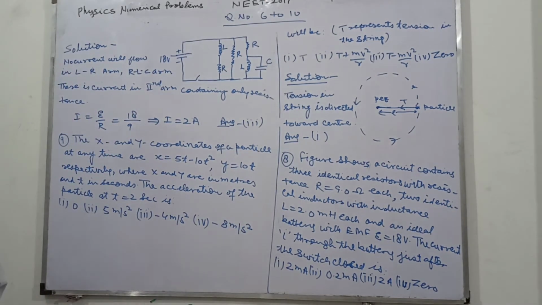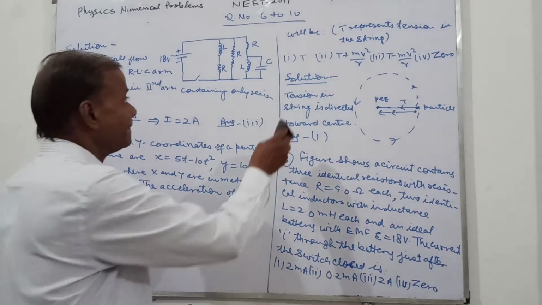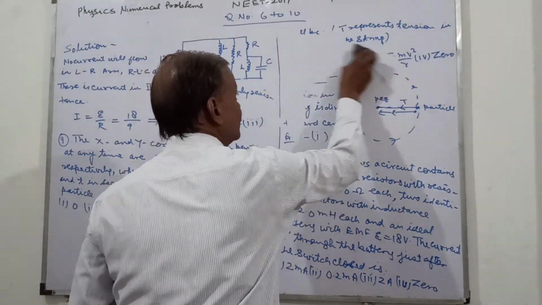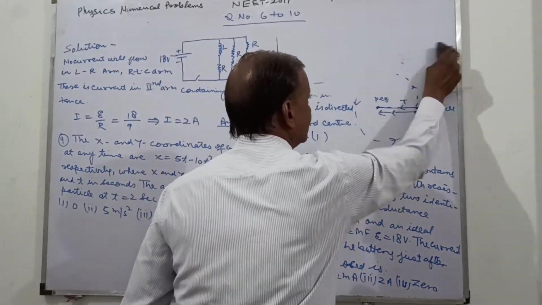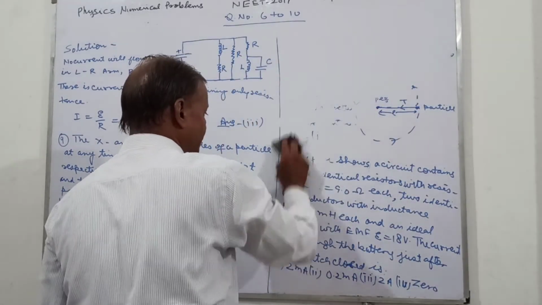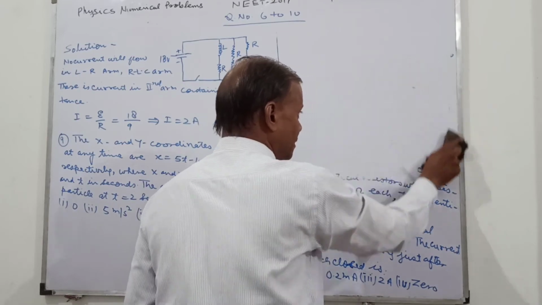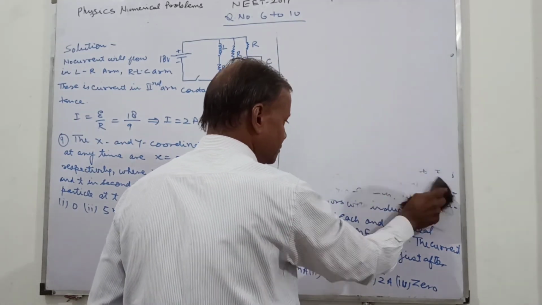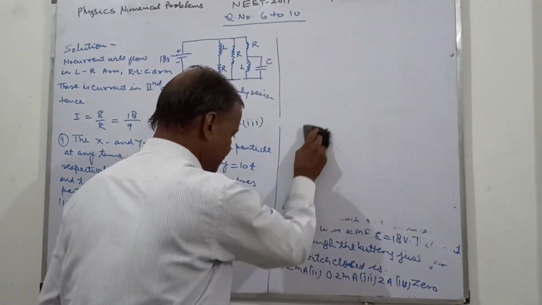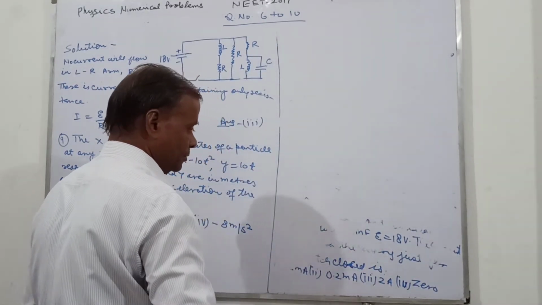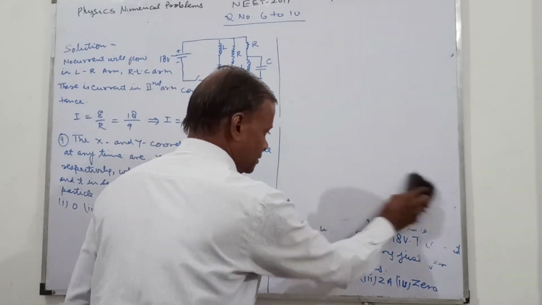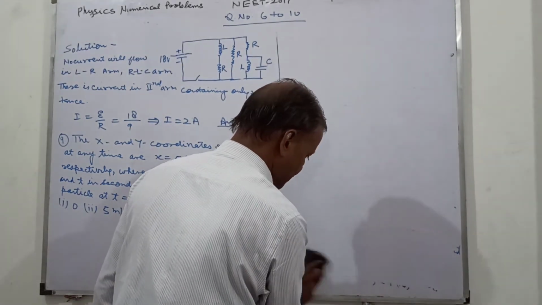These are the options. Now you have to differentiate all these x and y up to the second derivative, so that we can find the explanation.